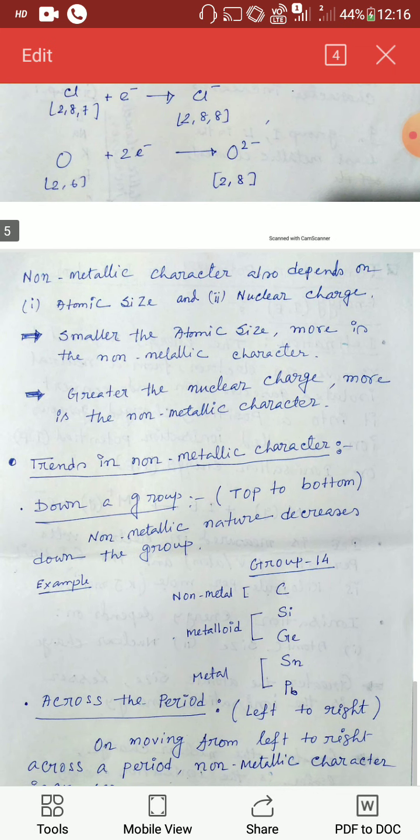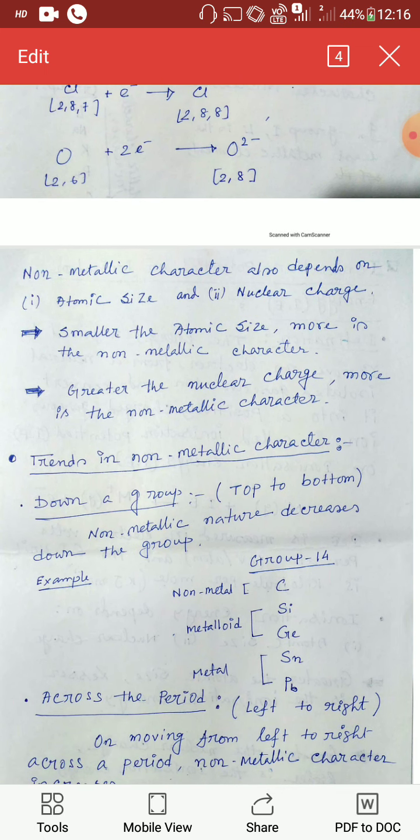And we know non-metallic character is just the opposite of metallic character. Smaller the atomic size, more is the non-metallic character, while smaller the atomic size, the metallic character is low. Metallic character and non-metallic character are just opposite.